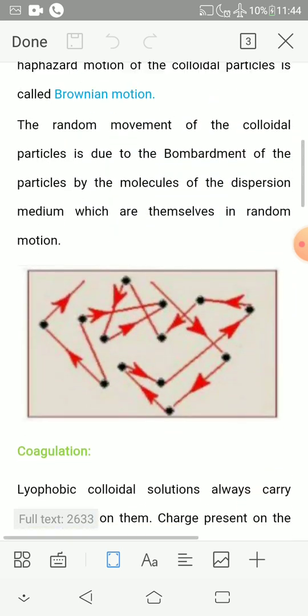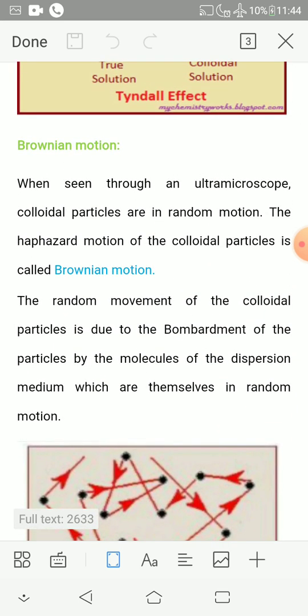Next property, Brownian motion. What is Brownian motion? It is the haphazard movement of colloidal particles. When seen through an ultramicroscope, colloidal particles are in random motion, and this haphazard movement of the colloidal particles is called Brownian motion.